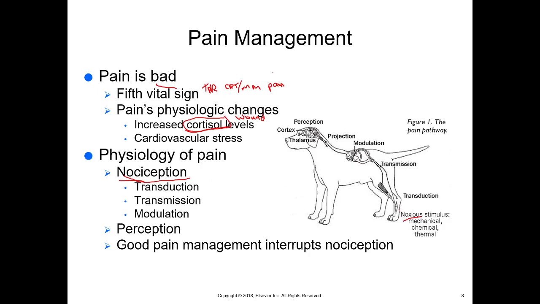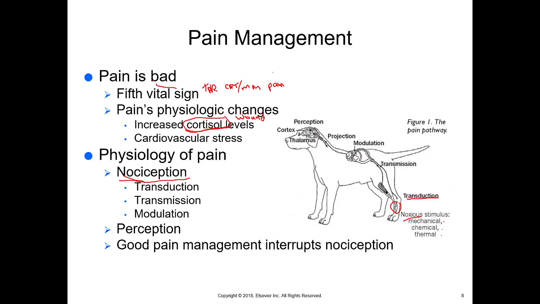The recognition happens from this noxious stimulus, which can be mechanical, chemical, or thermal, and it is turned into an electrical stimulation that will travel up the nerve. This is called transduction. So if we get burned from a hot stove, the thermal information is turned into a nerve signal.